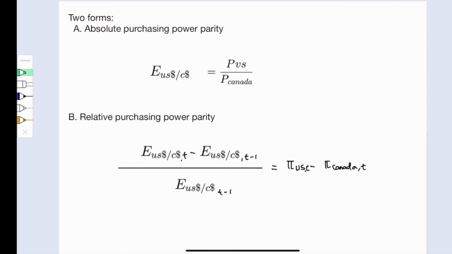Therefore, the changes in the exchange rate need to equal the changes in the price. And that is the other formula that people use to predict the exchange rate.